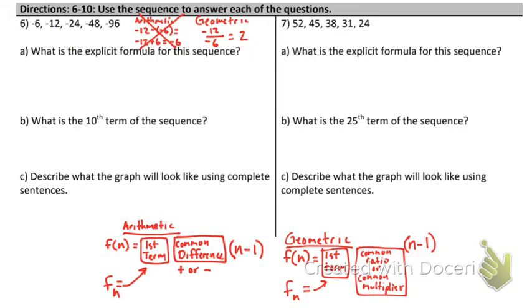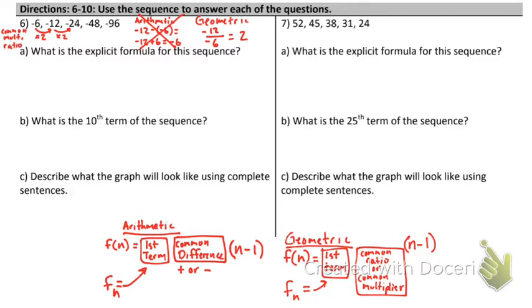So we're going to check if this is the case. Am I multiplying by 2? Okay. This multiplication is called the common multiplier or common ratio. It's same thing, same idea.